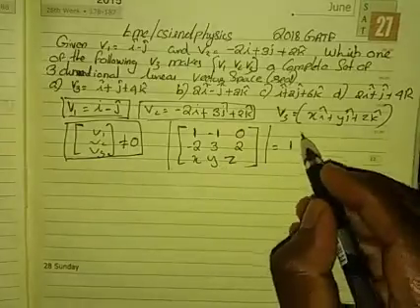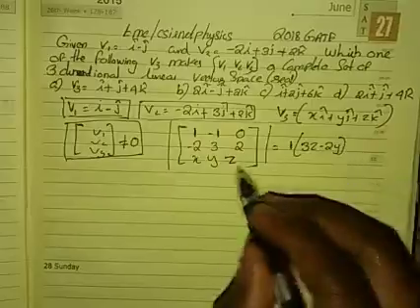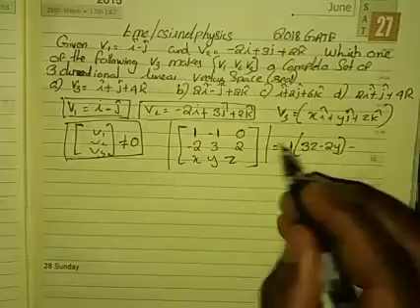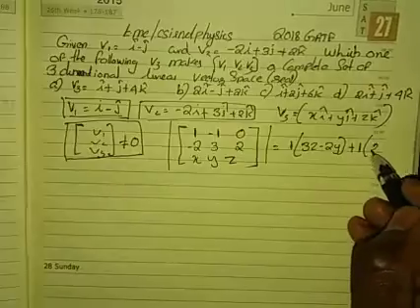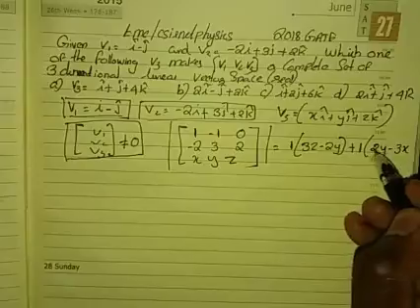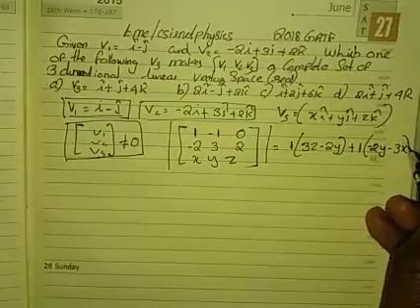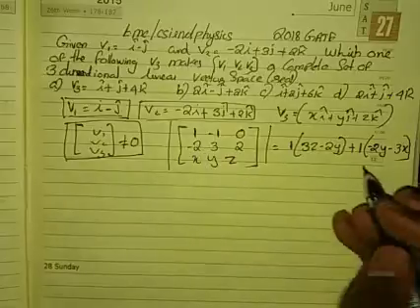You can write down 1 times 3z minus 2y is the first term, and then minus of minus, which gives you plus 1 times 2y minus 3x. This is the determinant, and 0 times this will vanish.